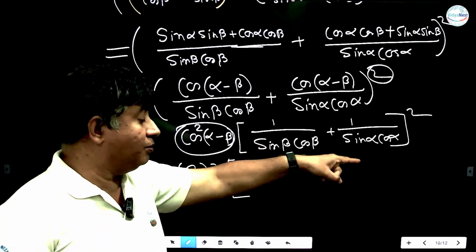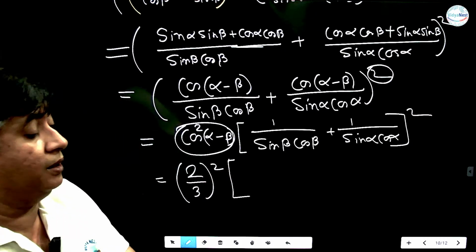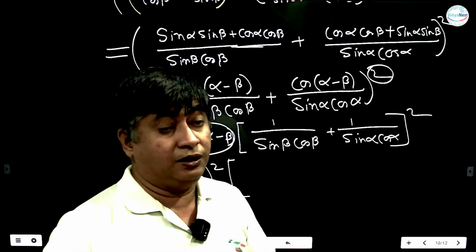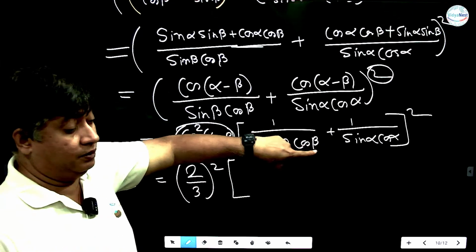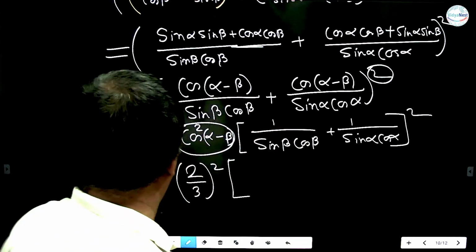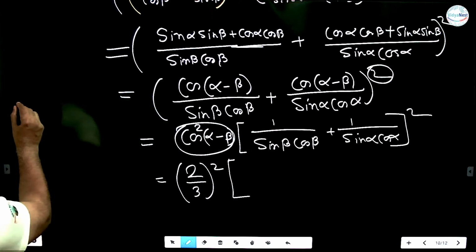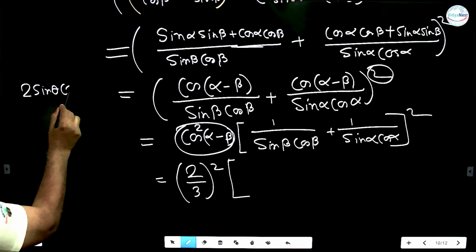Now this formula where sine and cos both have the same angle will remind you what approach of trigonometry, multiple angle. Sine 2 theta is 2 sin theta cos theta. You are taught 2 sin theta cos theta.